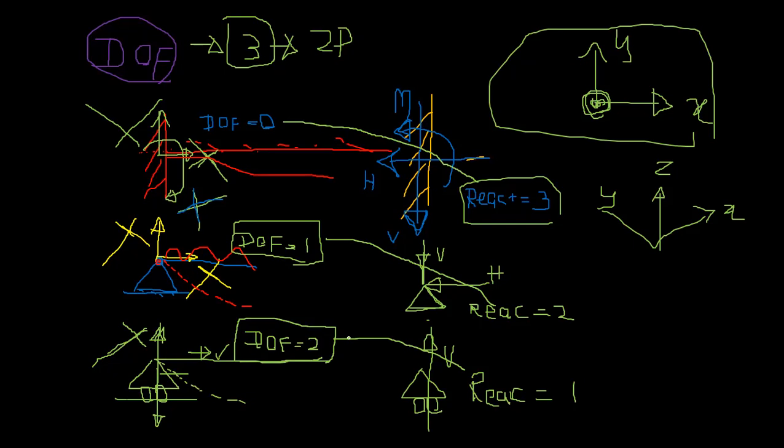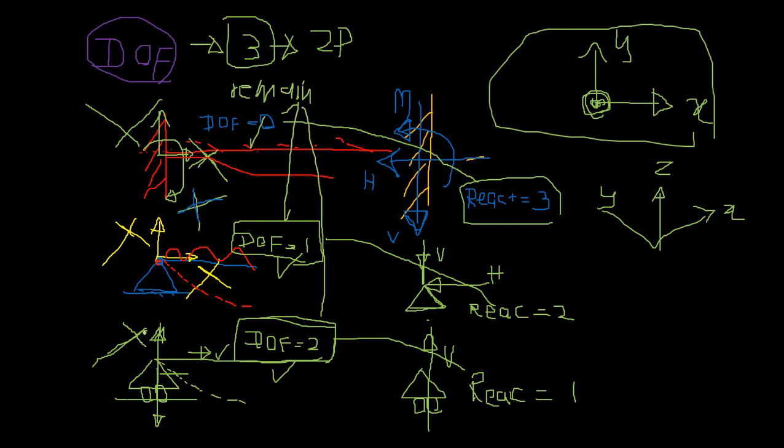And the roller support does not provide any restriction to even rotation or the translation in x direction, so that it will only constrain 1 degree of freedom and 2 will be remaining. These are the remaining degrees of freedom, right?